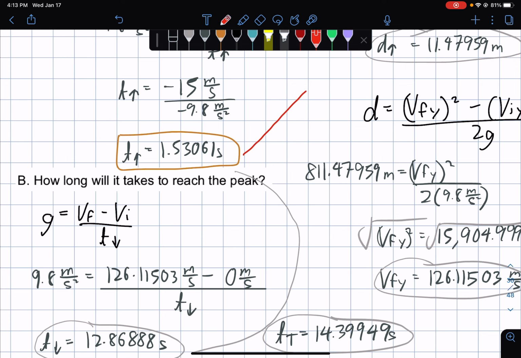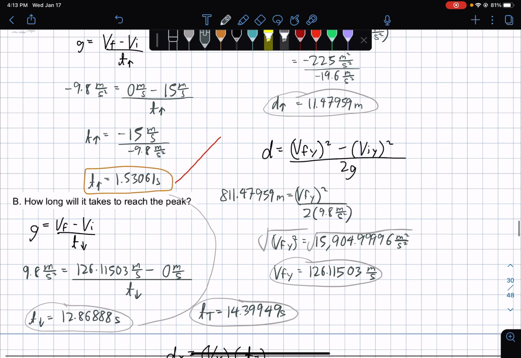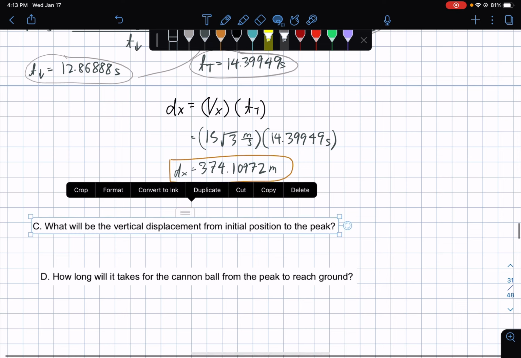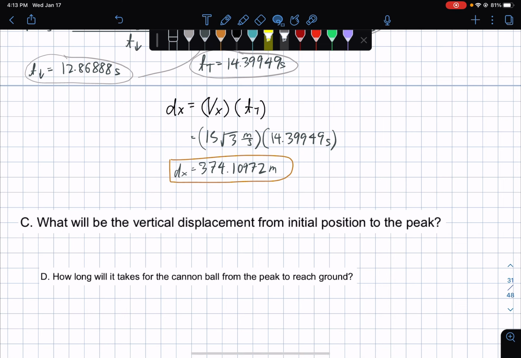How about letter C? What is the vertical displacement from the initial position to the peak? Vertical displacement. If the horizontal displacement is dx, then the vertical is going to be the distance going up, I suppose.